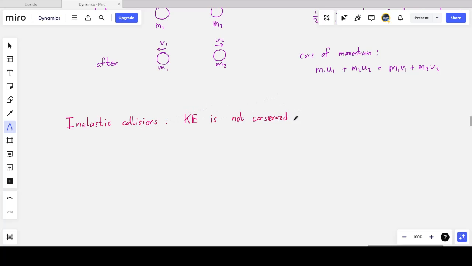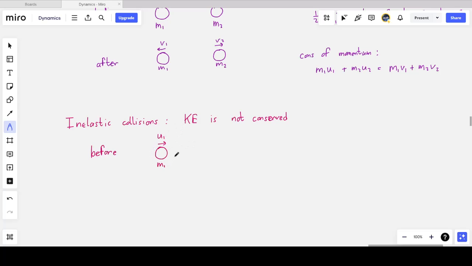The kinetic energy after a collision gets transformed into other sorts of energy, into elastic potential energy, heat energy, sound energy, whatever. But the total kinetic energy is not conserved, rather. Total energy will be conserved.